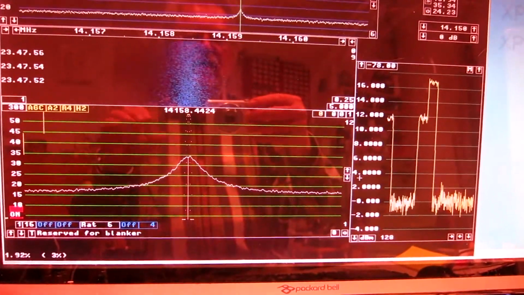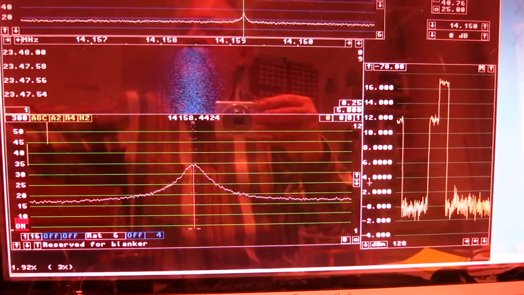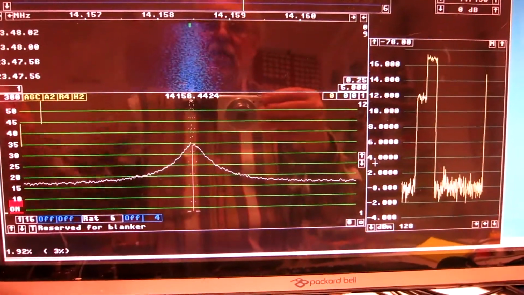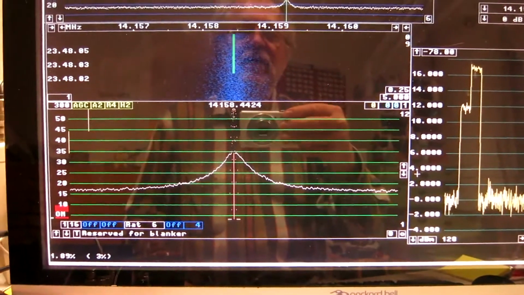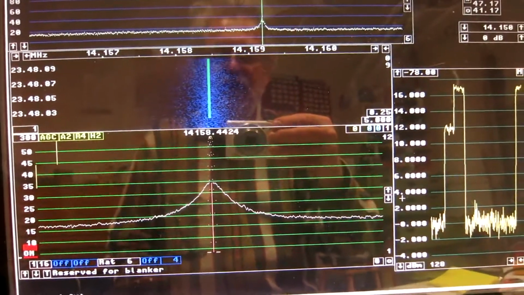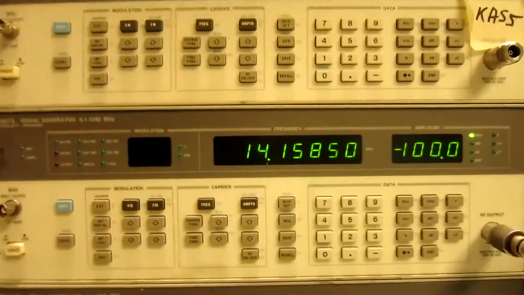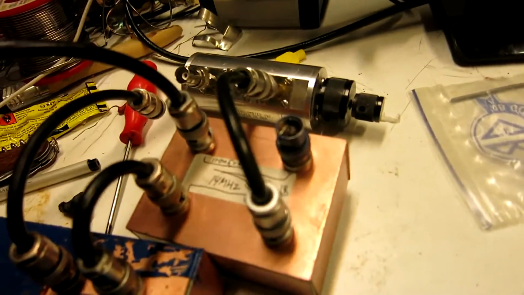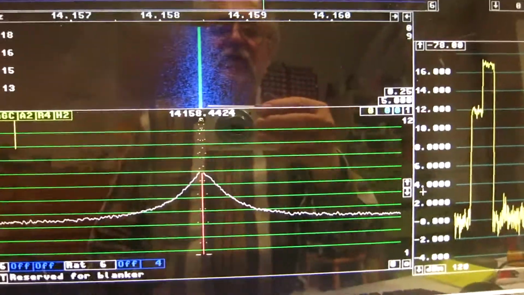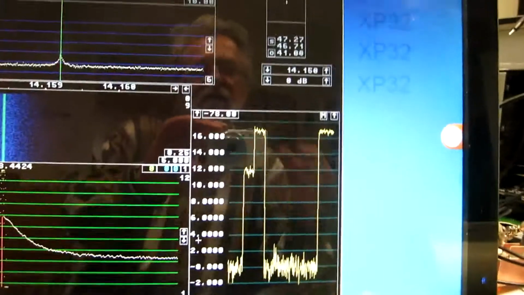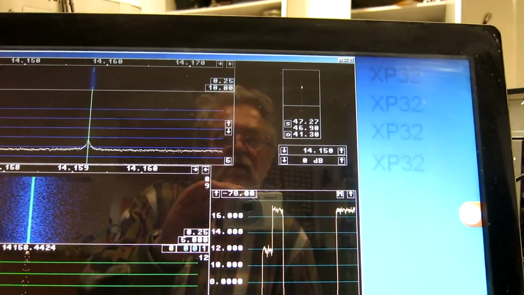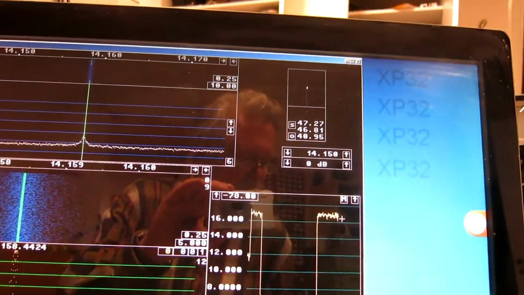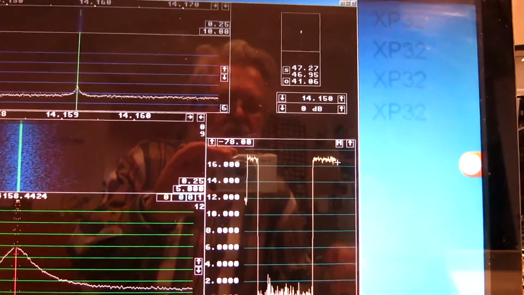I now inject a signal of minus 100 dBm. Like that. It means minus 120 dBm because of the directional coupler. It comes from here and through this directional coupler. So it's minus 120 dBm, and the level now comes out as, what can it be? 17 decibels above the noise floor in 50 Hertz, about.